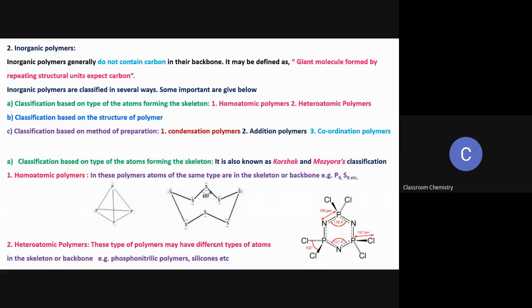So an inorganic polymer is defined as a giant molecule formed by repeating structural units except carbon. What is the definition? Simple definition: the polymer which does not contain carbon in its backbone, or the giant molecule formed by repeating structural units except carbon, is called an inorganic polymer.